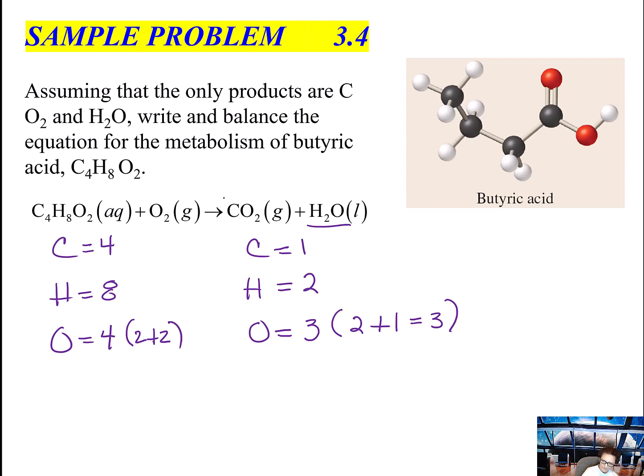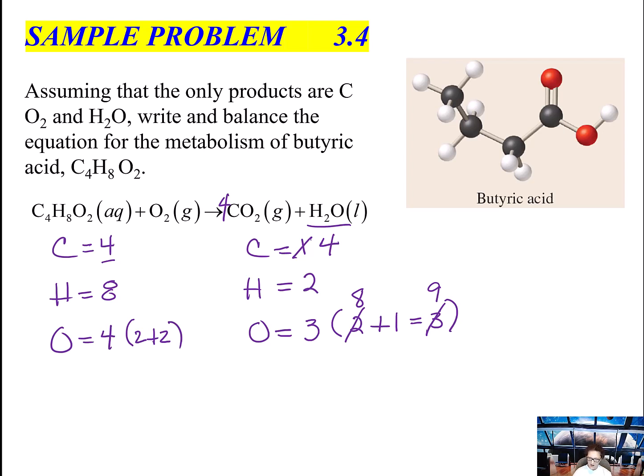So I'm going to multiply CO2 by 4, so I can get 4 carbons on that side. So 4 times 1 is 4, so I have 4 carbons. But it also changed my oxygens. So 4 times 2 is 8. So I now have 8 plus 1 is 9.